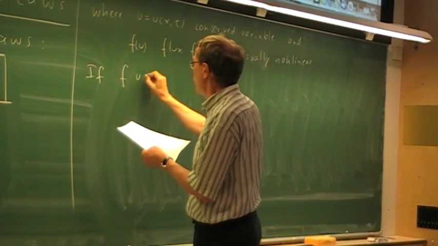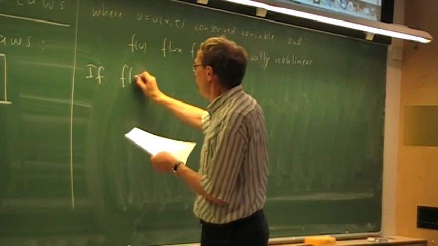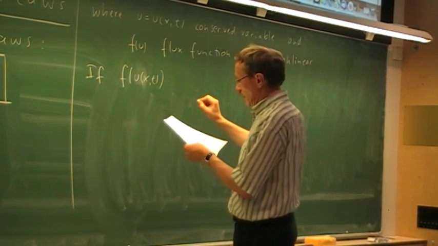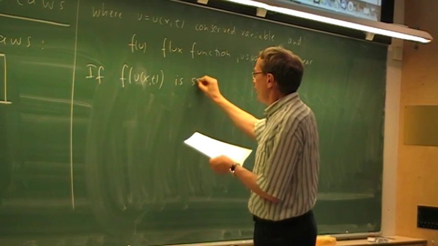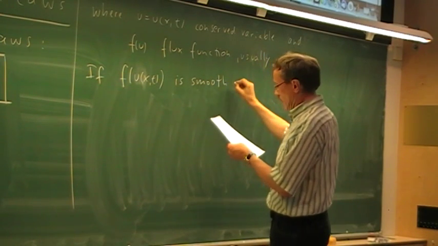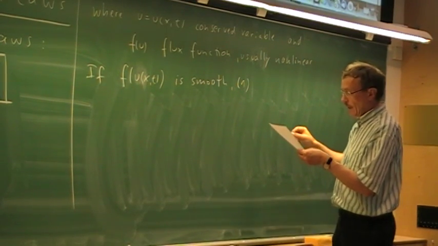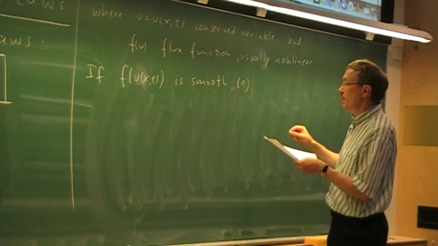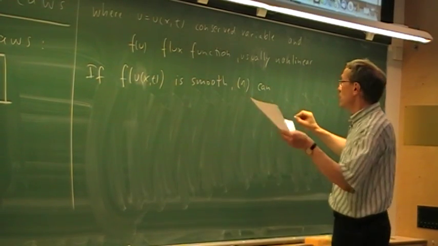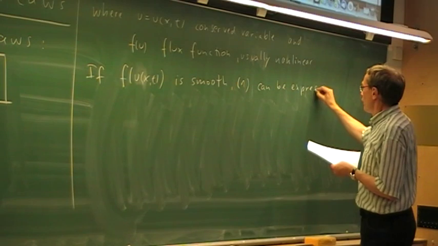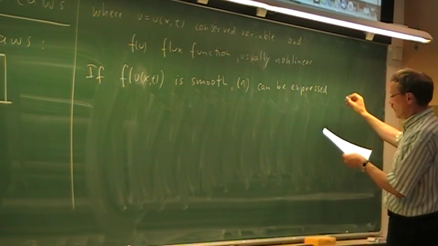So if f of u, and u in turn is a function of x and t, is smooth, then we can express the integral form also in differential conservative form. So the integral form 1 can be expressed in differential form.